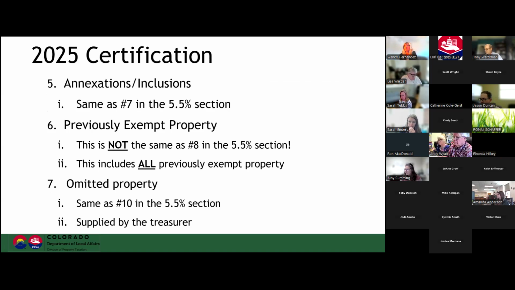We look at what that additional value is, and we track that in the 5.5. That's the same thing that we're going to do here. That will be excluded from that limitation. Because we're expanding those boundaries, those properties that are outside of the existing boundaries, we're not going to be punished for that. We can exclude that from that revenue growth. Sure. Okay.